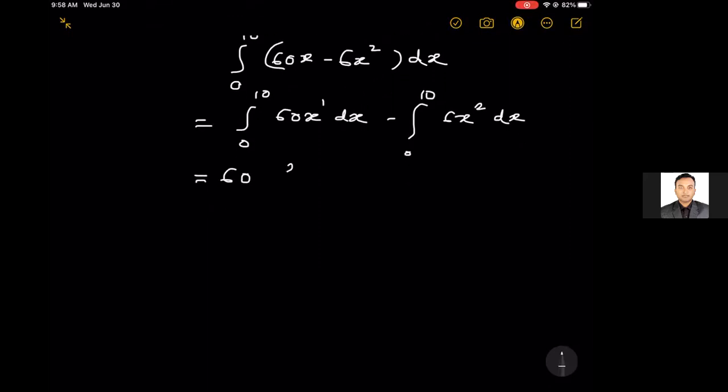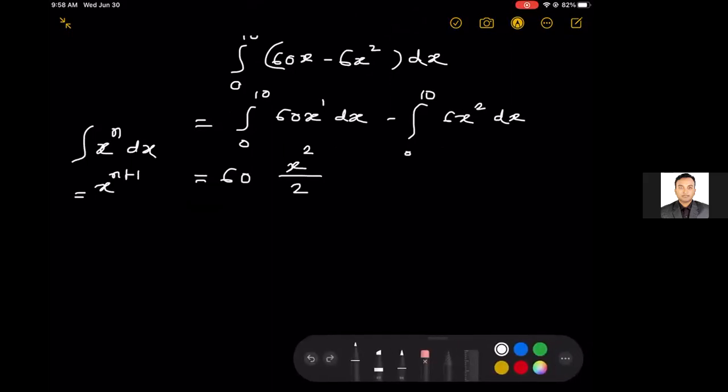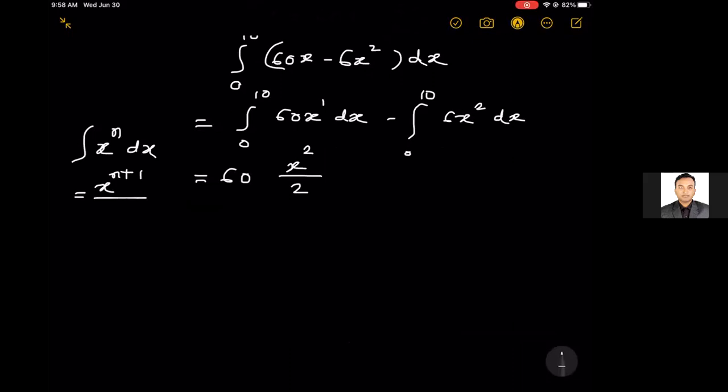And using the power rule, it would give us x to the 1 plus 1 over 1 plus 1, right? The formula was, if you remember, let me write the formula for you again: x to the n plus 1 over n plus 1, right?